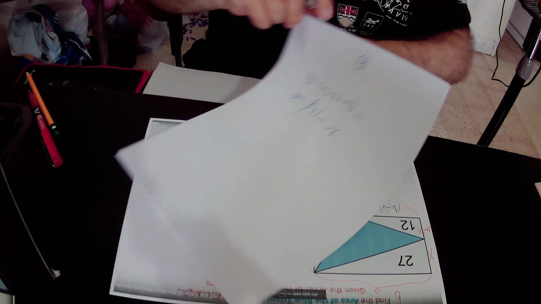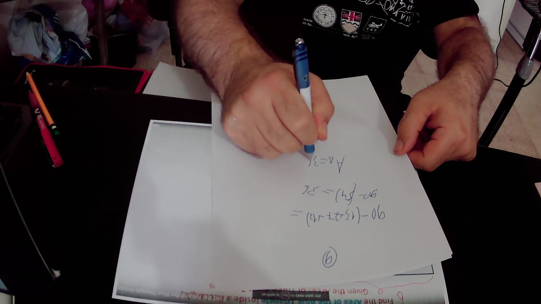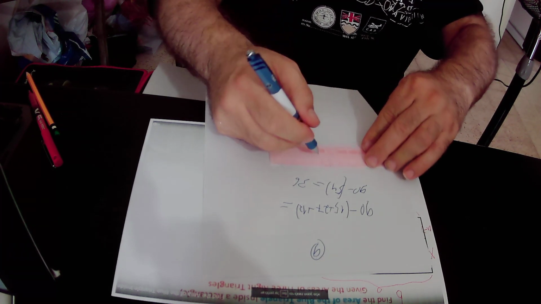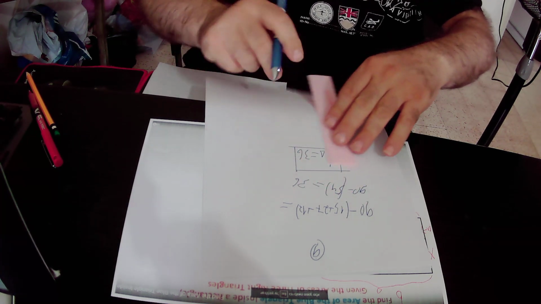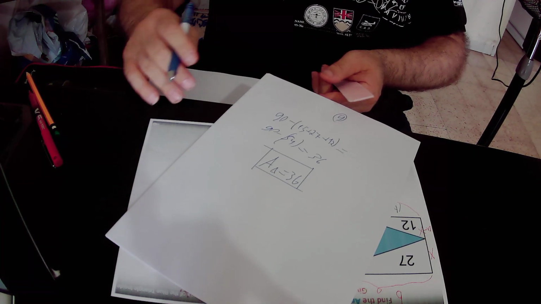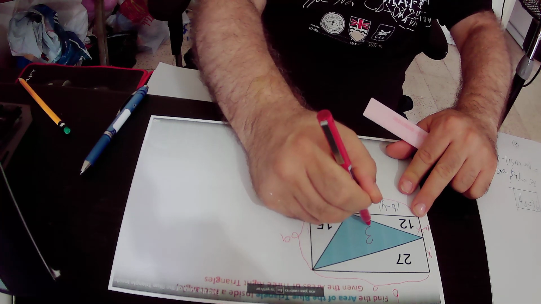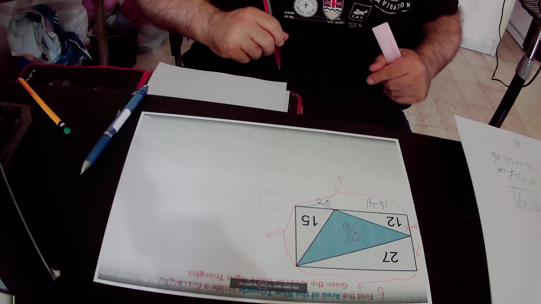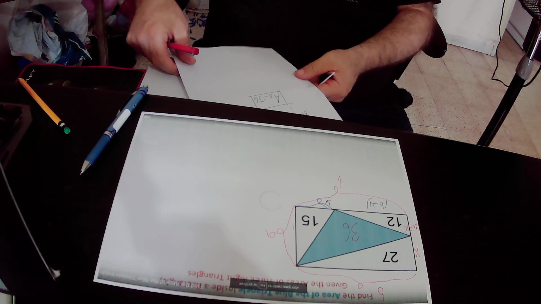So the area of the blue triangle equals 36 units. So we can write here that the area of this blue triangle equals 36 units. So we can summarize the lecture.